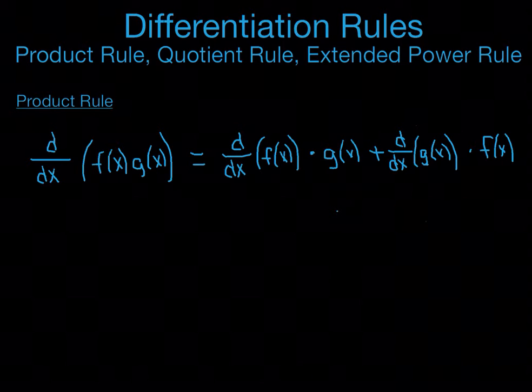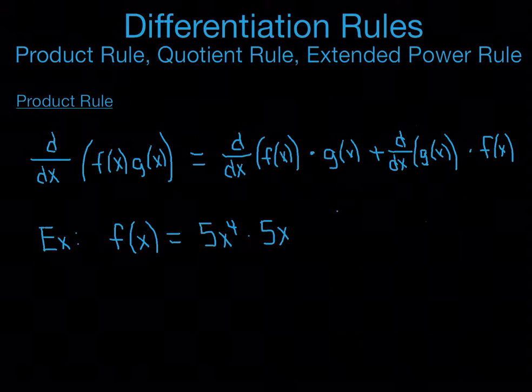All right, so the product rule can be stated as the derivative of the first multiplied by the second plus the derivative of the second multiplied by the first. Let's take a look at an example to see how this plays out.